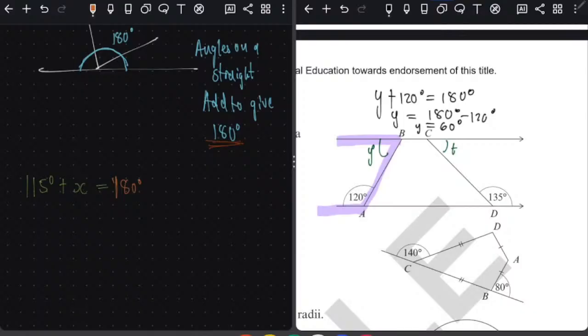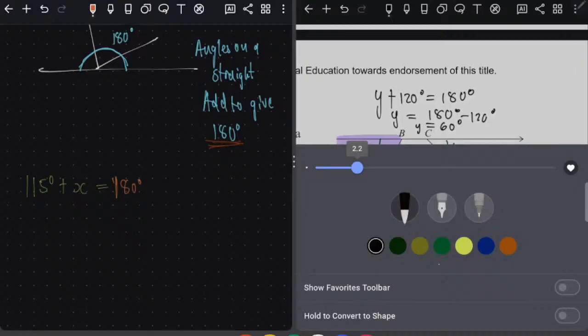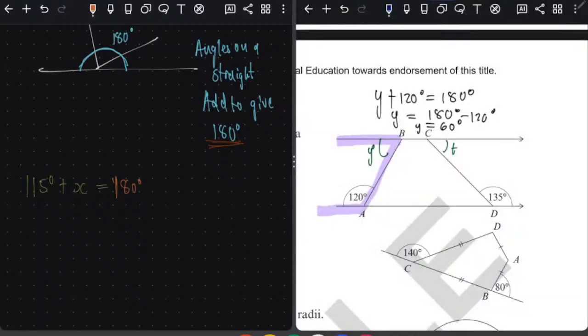Okay, next. How do I find T? Tell me. Quickly. What is it? Since it's forming a U with who? And 135.